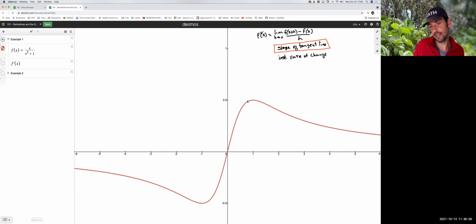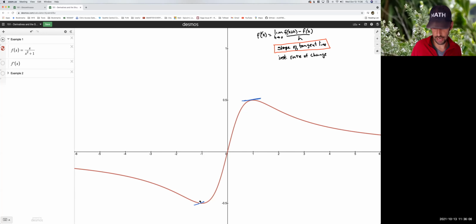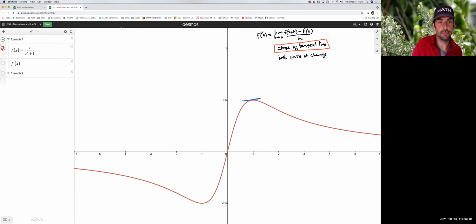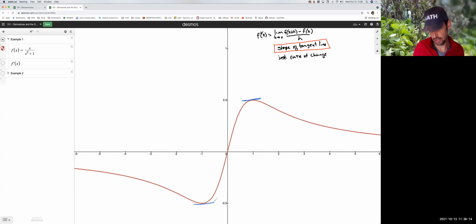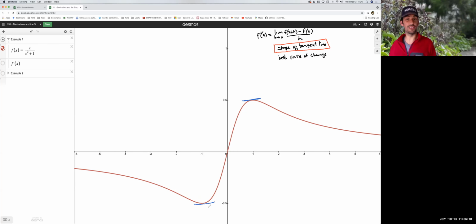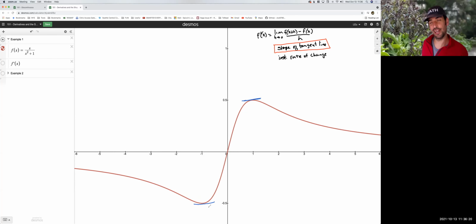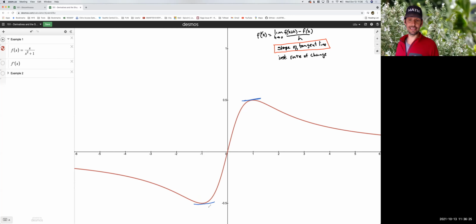For instance, if I imagine a tangent line right here, and down at this spot below, they look to be more or less horizontal. The tangent line we imagine looks to be horizontal, which means it has a slope of 0.